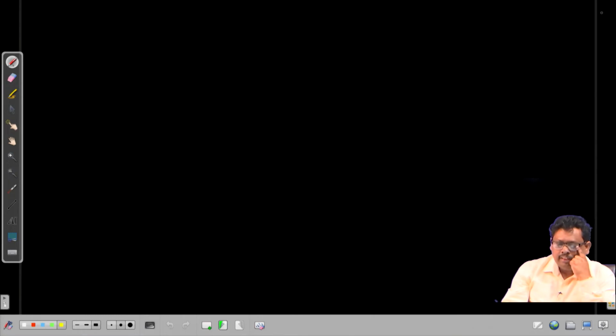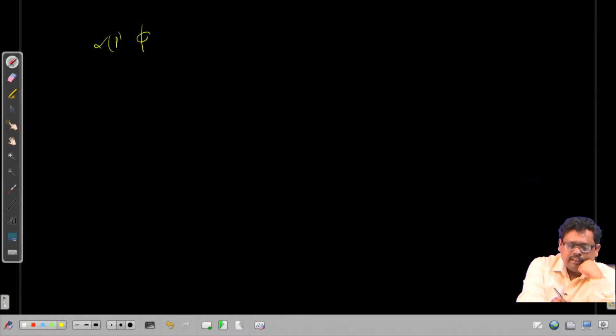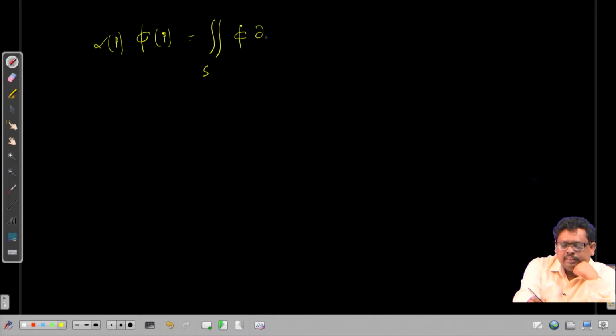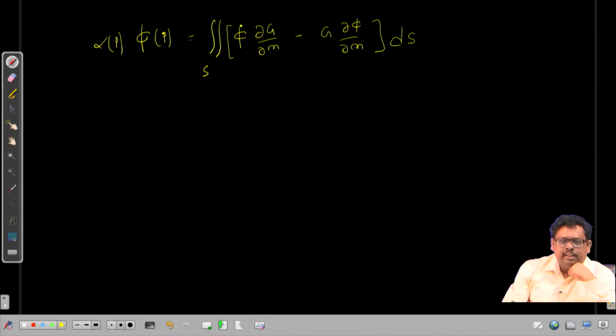If you remember, in our source dipole distribution, let us take alpha p phi p equal to the integral over this body S of phi del G del n minus G into del phi del n into dS, right.